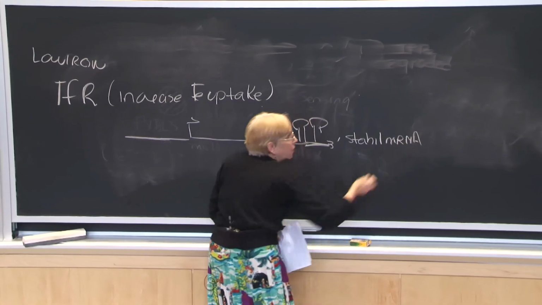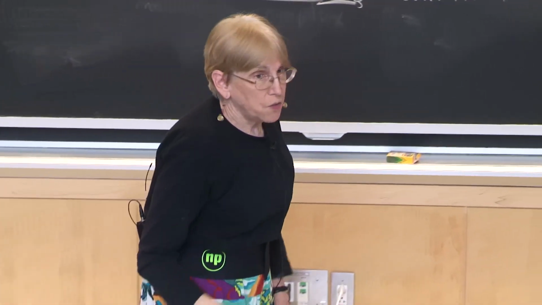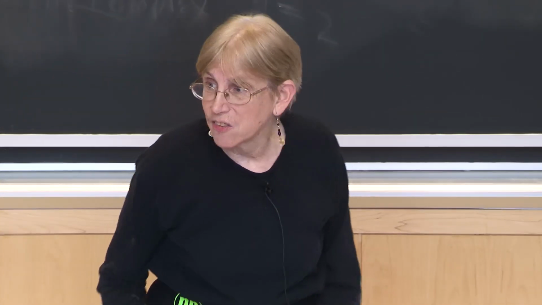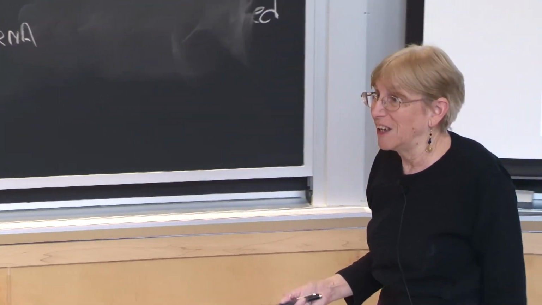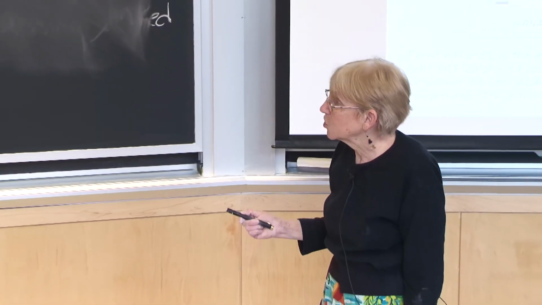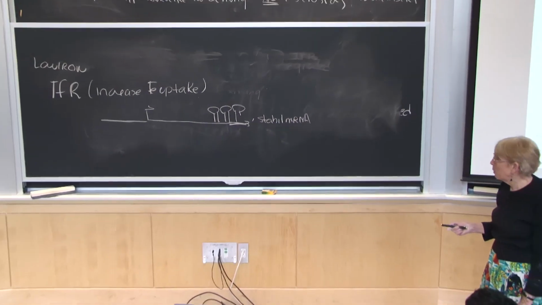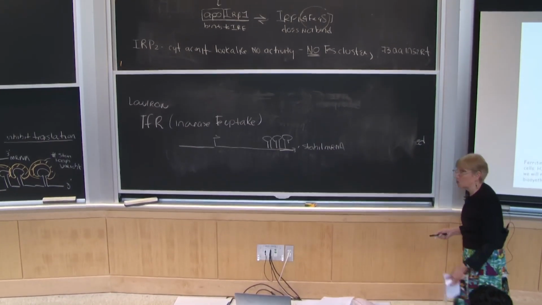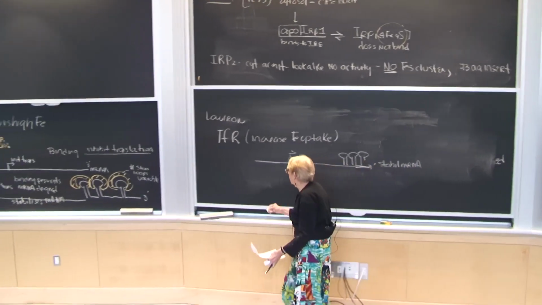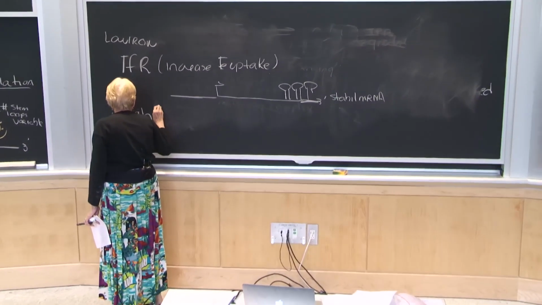Okay. So you can go through each one of the proteins that we discussed in the last lecture. And before you look at it, try to rationalize under different sets of conditions. This is low iron. What would you expect to happen at high iron? Okay, here, let's just look at this one so I don't have to draw this again. But what would happen to the transferrin receptor at high iron?